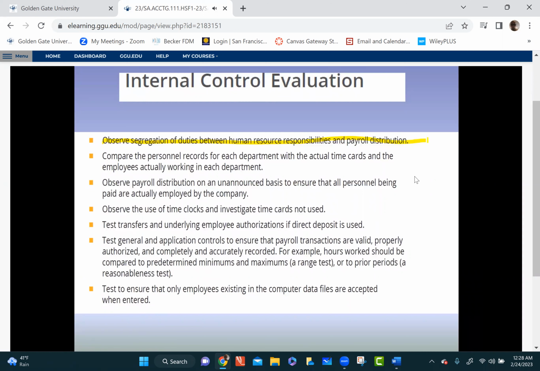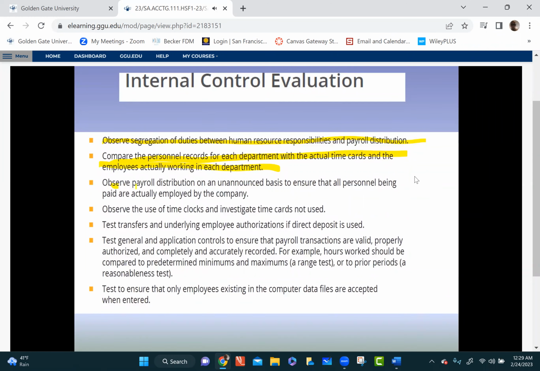So you want separation there. Compare personnel records for each department with actual time cards. If someone's filling out a time card, they should have been hired by the company. There should be appropriate human resources records that show that person was properly on board.